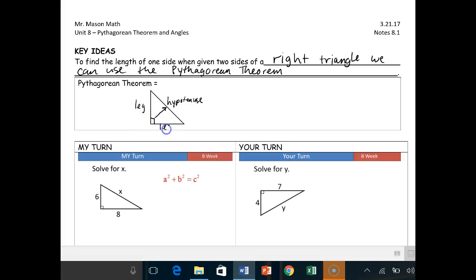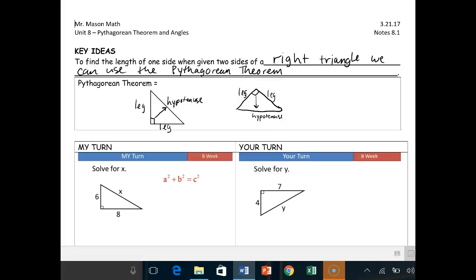We call them legs. If I were to draw another triangle, and this time my right angle was right here, the side that would be my hypotenuse is the side opposite the right angle, and then these two sides would be called my legs.